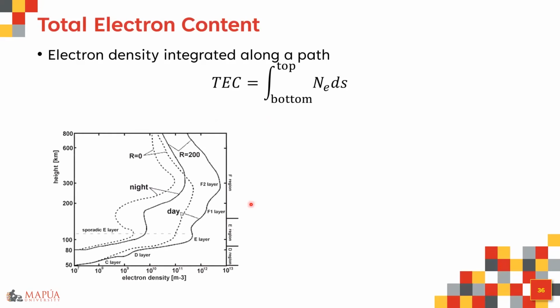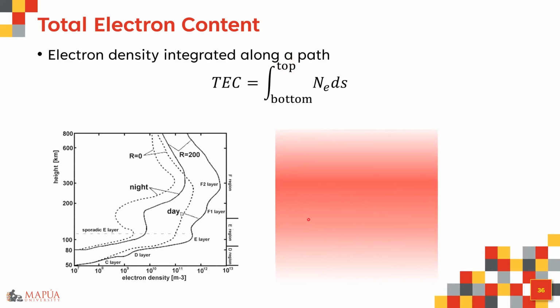Now, another parameter that we use to describe the ionosphere is that if we have this electron density, we can calculate the total electron content. If this is your electron density profile, you can integrate this profile to come up with your total electron content. The integration happens from the bottom of the ionosphere to the top of the ionosphere.